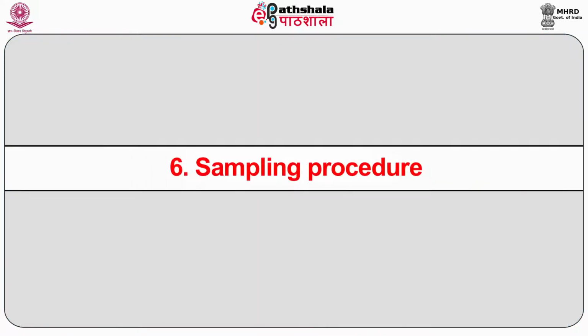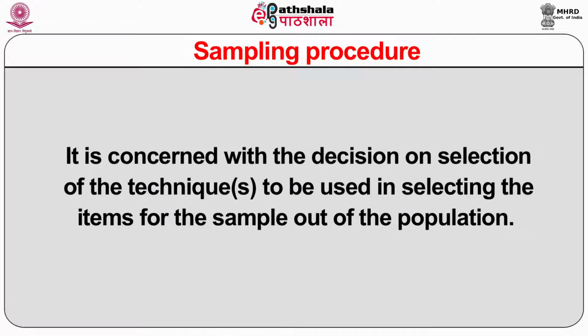The next thing is the sampling procedure. Sampling procedure is the final step in sample design. It involves the decision on the type of sample the researcher will be using for the study. It is concerned with the decision on the selection of the techniques to be used in selecting the items for the sample out of the population.